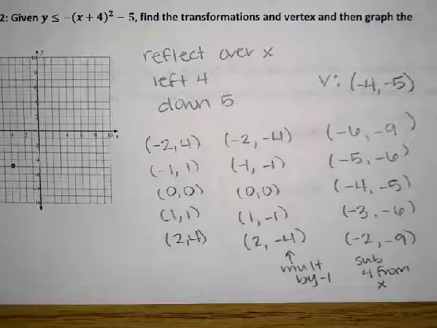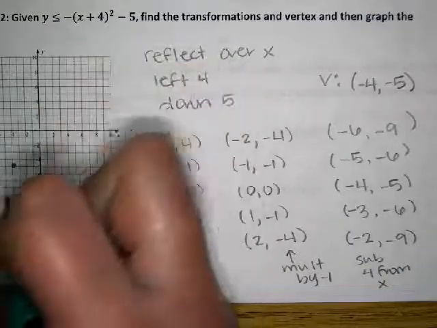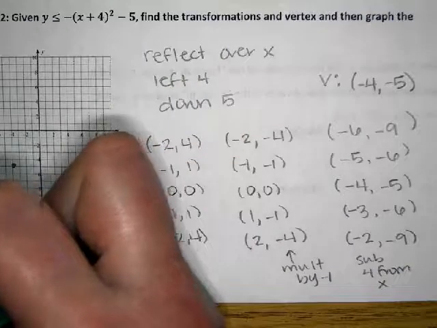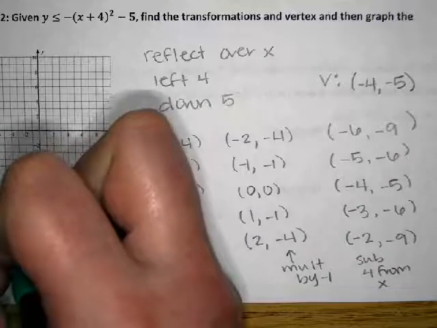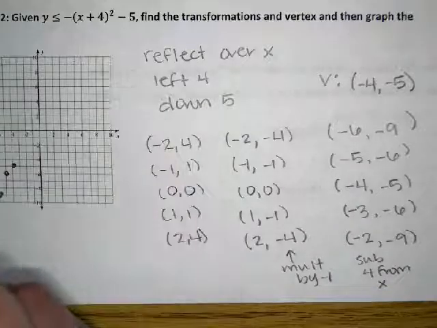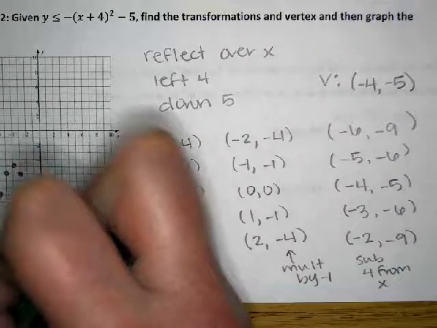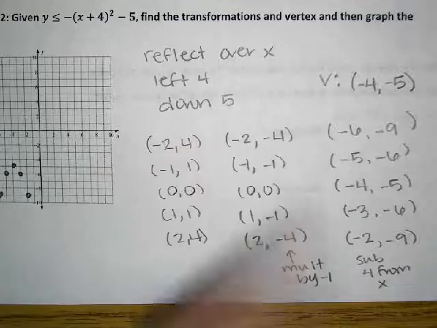And then we have our points to graph. So -6, -9, -5, -6, -4, -5, -3, -6, -2, -9.